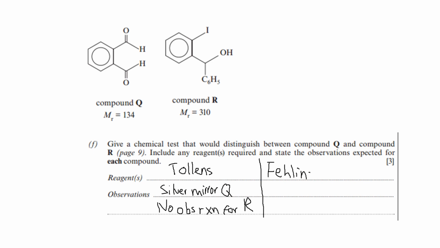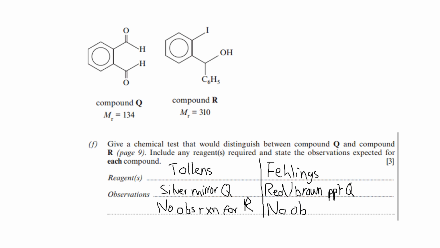You only have to give one of these answers, by the way. You don't have to give all of them. This is just a bit of revision. Fehling's reagent would give a red-brown precipitate for Q. And no observable reaction for R.